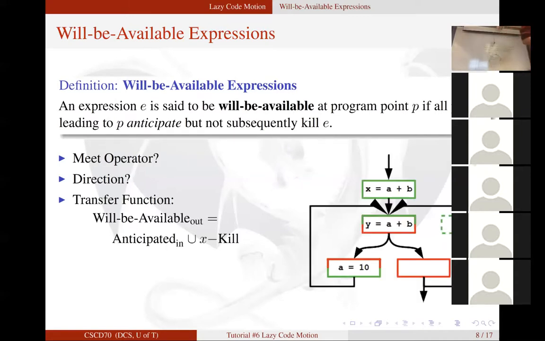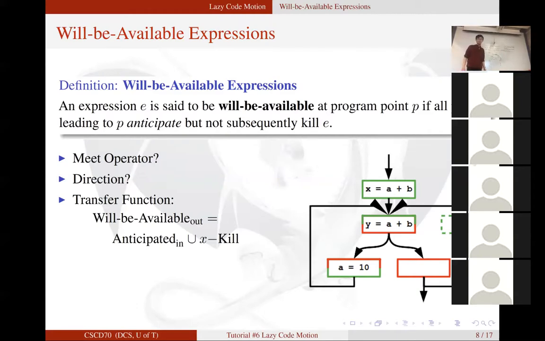And the transfer function, as we said, since will-be-available expressions look at the expression as anticipated but not subsequently killed, is given by anticipated minus the kill set.